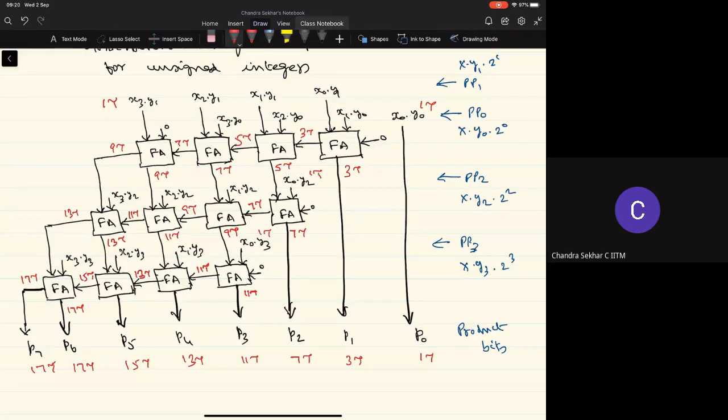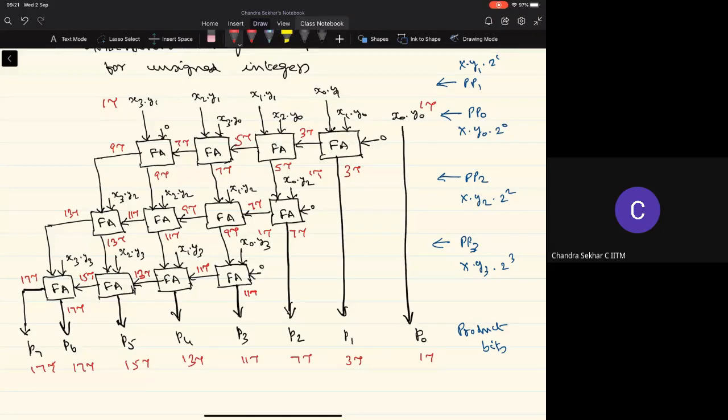Now the next question that I'm going to ask is, can we come up with the expression for an n-bit multiplier which is built using this method? What we are doing for 4 bits can be generalized for n bits. The circuit will be similar, and each row of full adders will have n full adders.